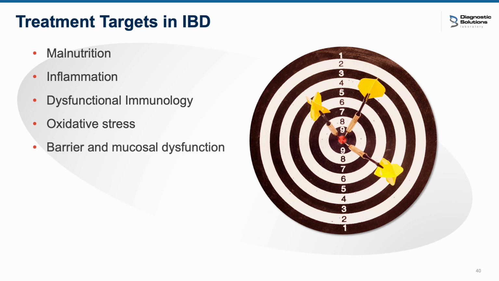We want to repair barrier function and promote healthy mucosal production. We want to work on microbiota imbalances, if there are any, and usually there are. And then we want to look at things like digestive dysfunction. It may not be the biggest player here, but if we have a subset of people that are prone to malnutrition, we want to make sure that their digestive function is optimized.